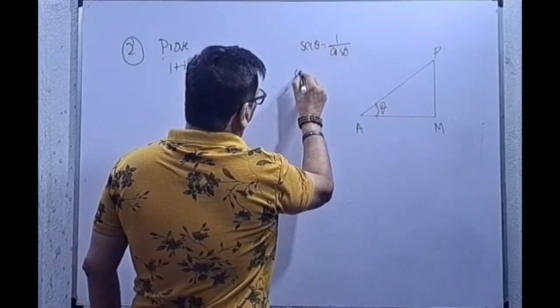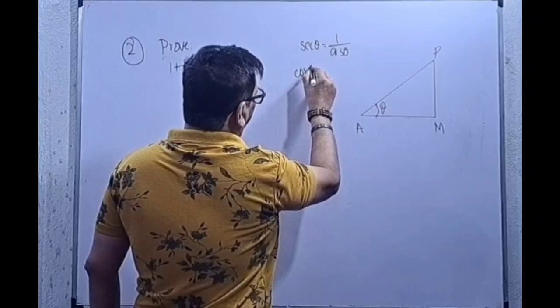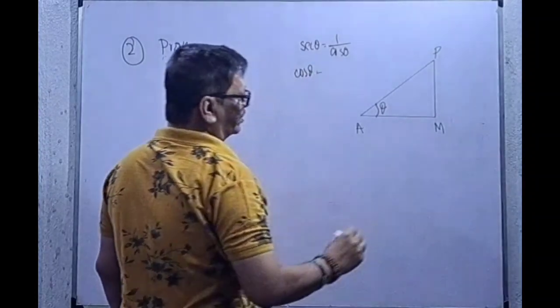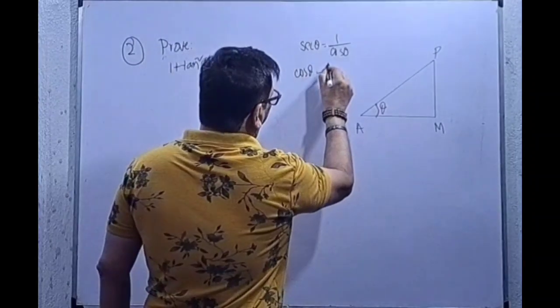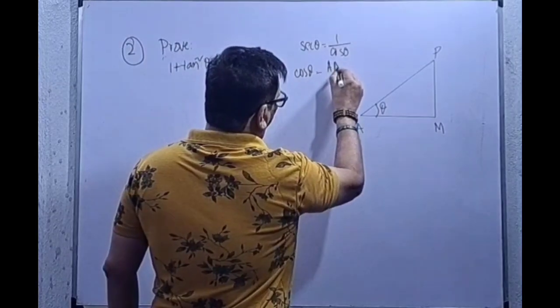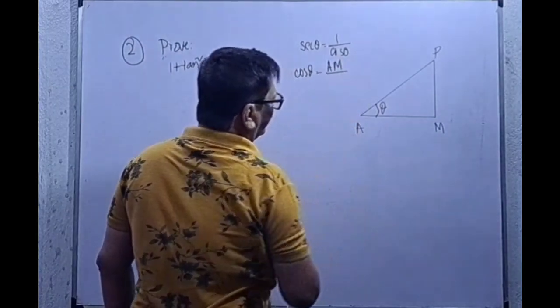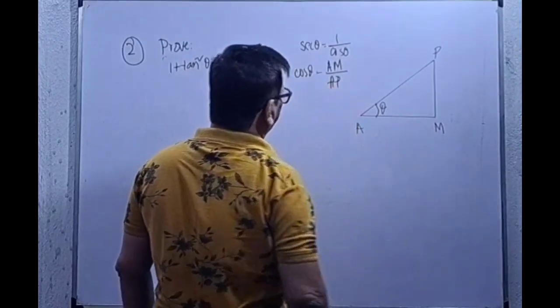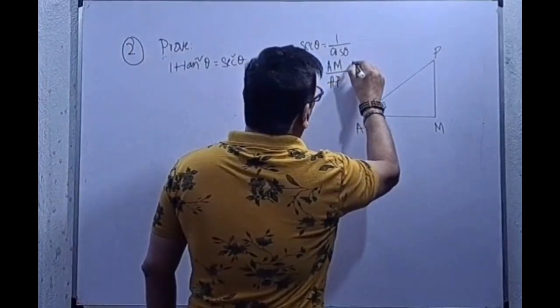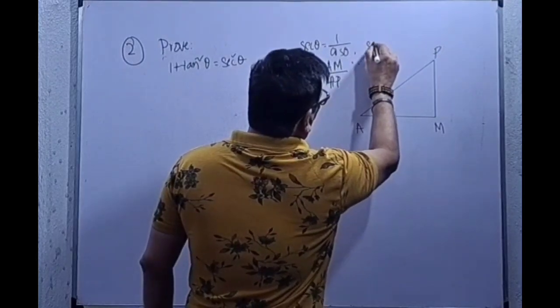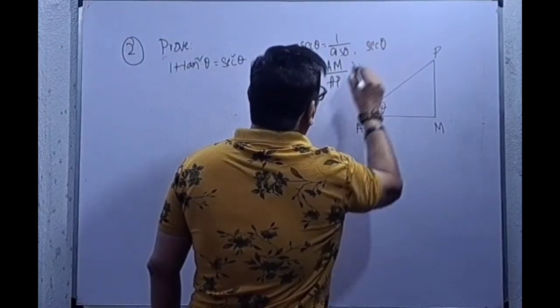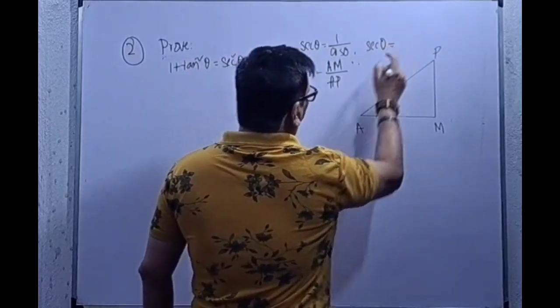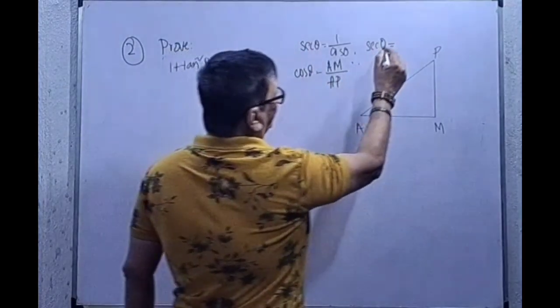Now cos theta is equal to AM by AP, right? Therefore, sec theta will be the reciprocal of that.